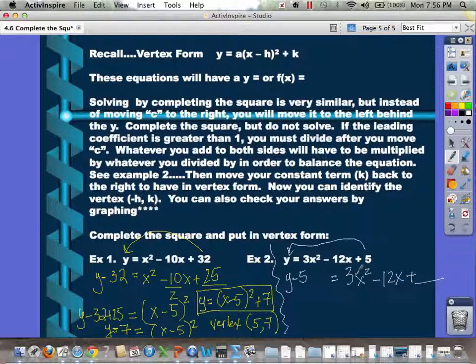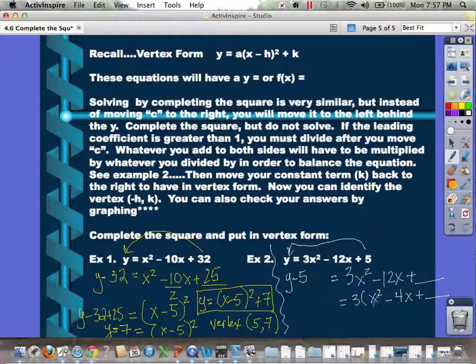Again, you have to divide everything out, take out a 3. We're going to factor it out like a GCF. So this is going to be 3 times x squared minus 12 divided by 3 is 4x, and then put your blank. Still haven't done anything with this side, so we'll just leave it alone for now.